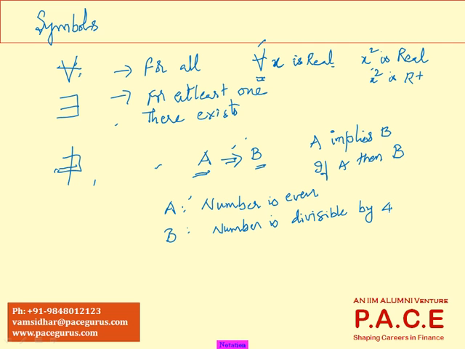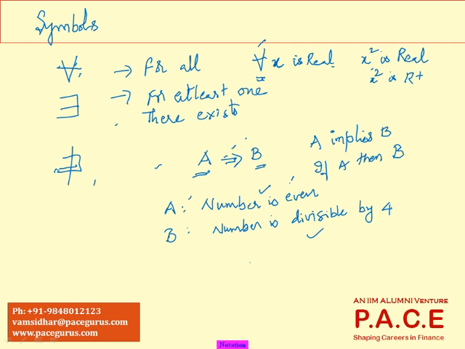If I have to look at this, if a number is even, is it divisible by 4? If it is divisible by 4, then I say A implies B. Need not be the case. If the number is 2, 2 is not divisible by 4.